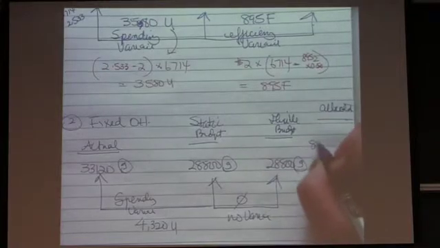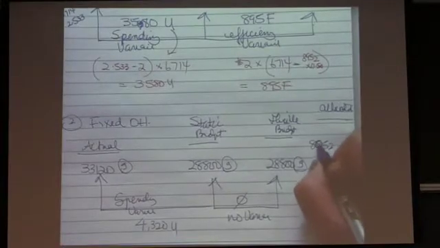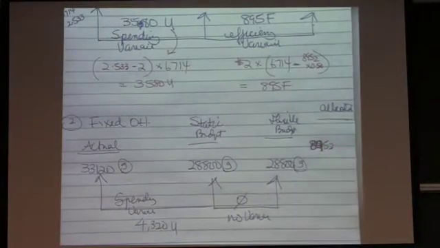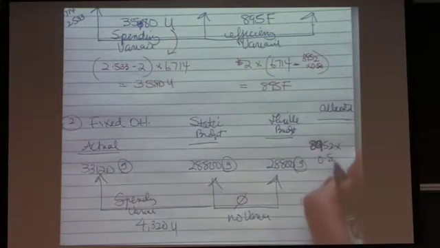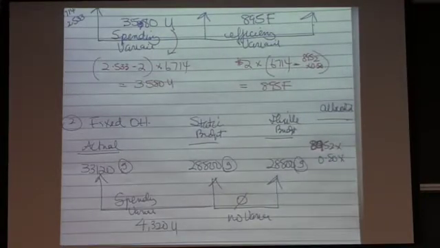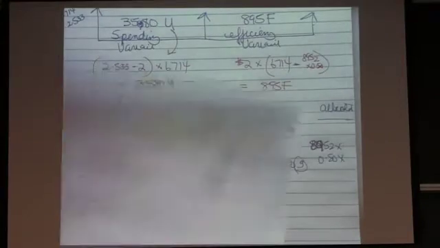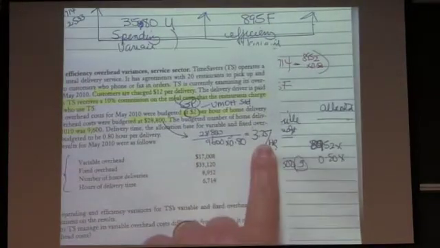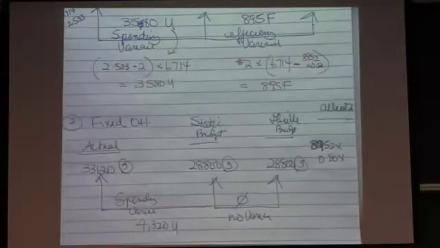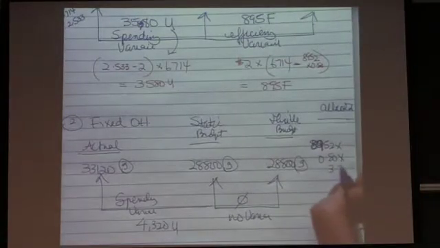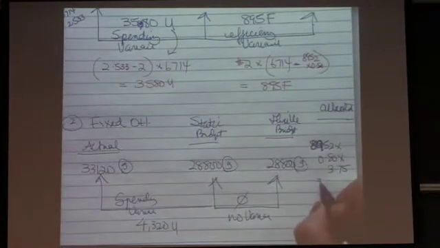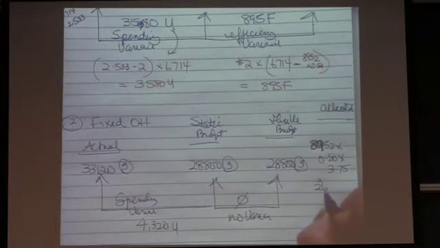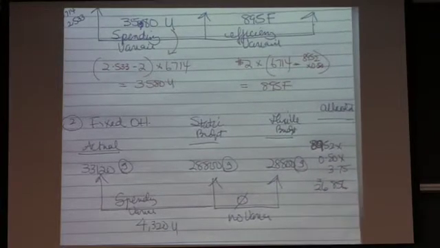We made 8,952 deliveries, times 0.80 hour, times the $3.75 rate we calculated for fixed overhead. So we actually allocated 26,856.